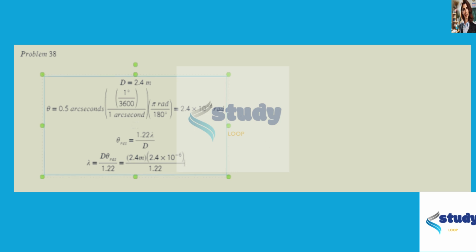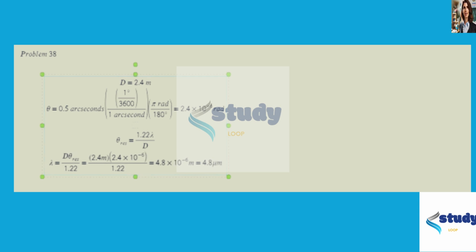So that's why we converted here from degrees to radians, just so we could have a number here. And our final unit is going to be in meters. We're going to get 4.8 times 10 to the negative 6 meters, which is 4.8 micrometers.